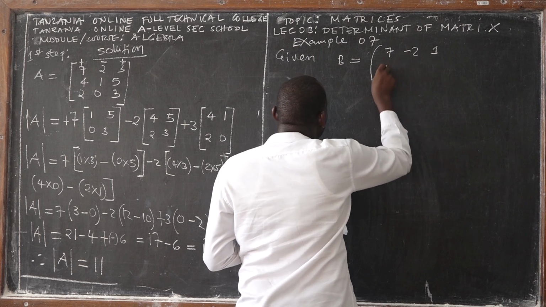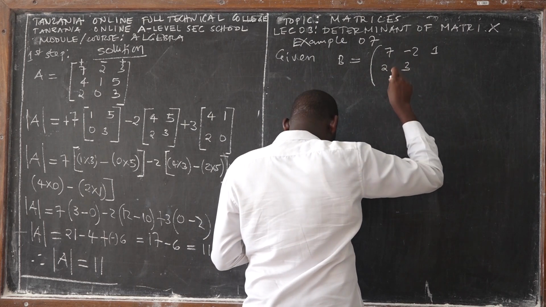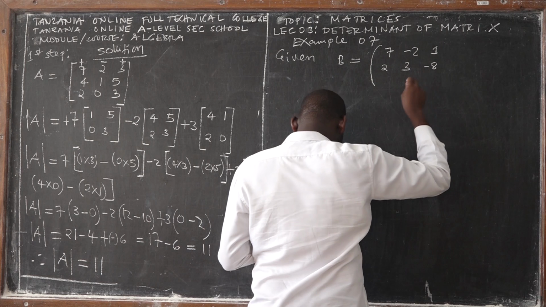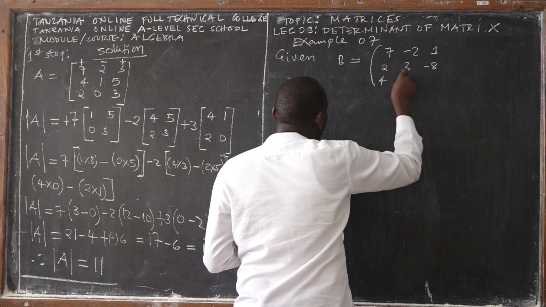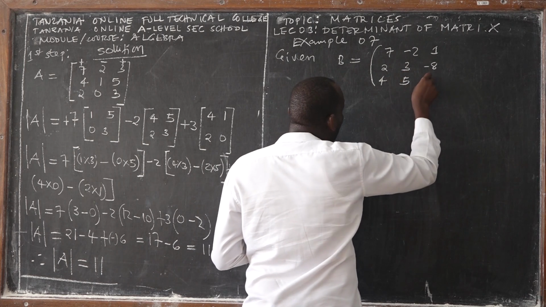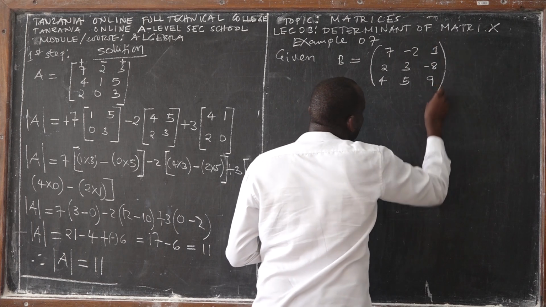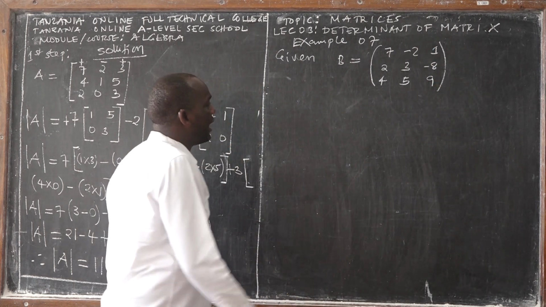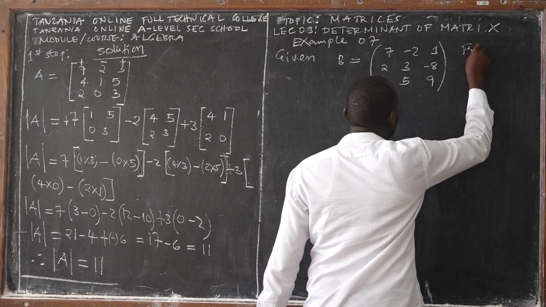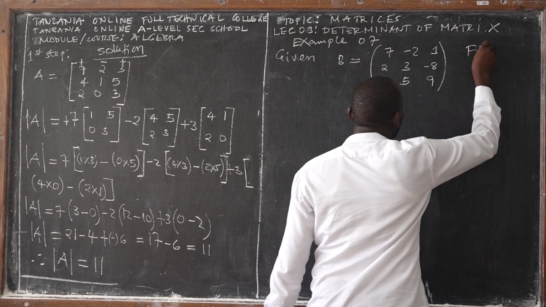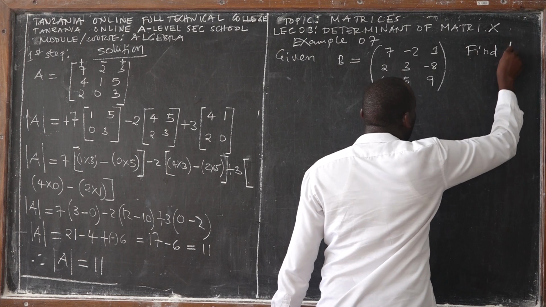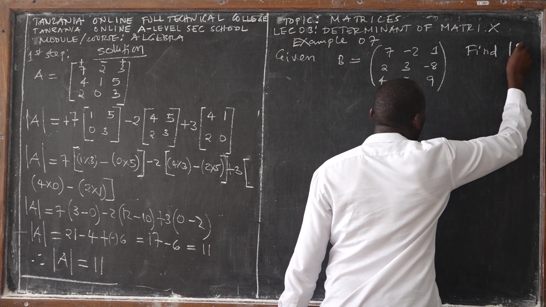Then 2, 3, negative 8, and 4, 5, 9. Then find the determinant of matrix B.